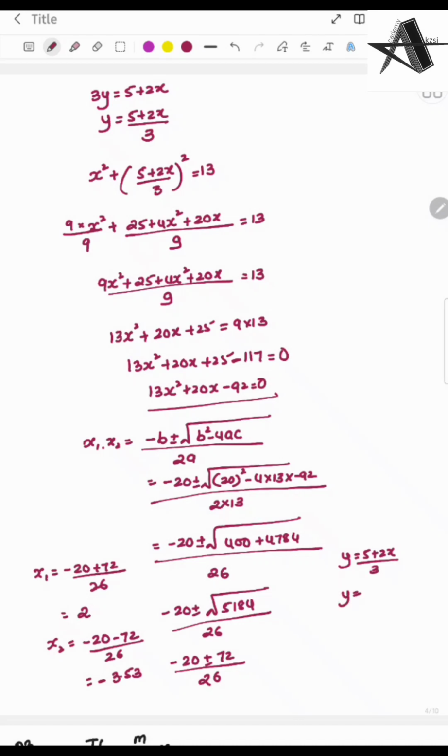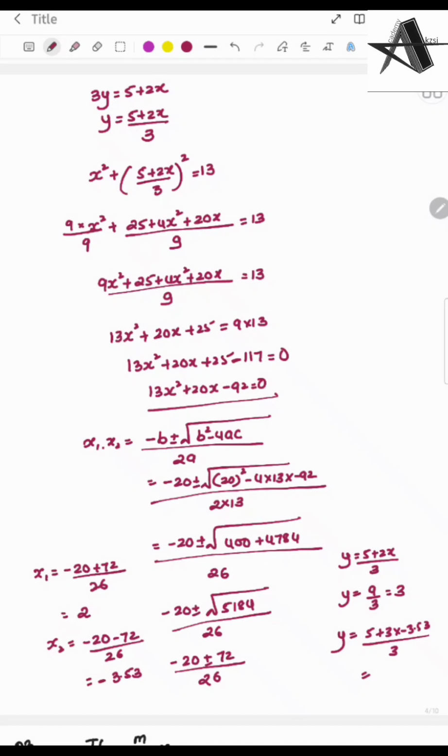So when I substitute the value of x as 2, it will be 5 plus 2 into 2, 4, that is 9 over 3, which will give you 3. And for the second value of y, 5 plus 3 into negative 3.53 over 3.